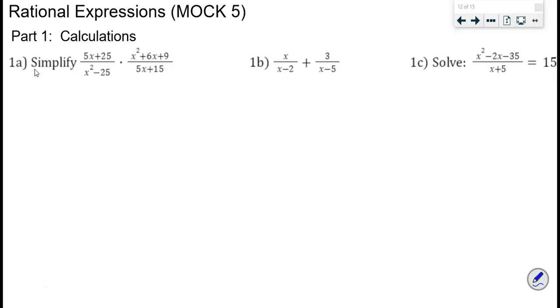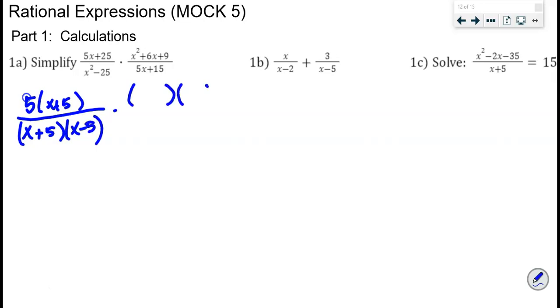So if you remember, when we're multiplying, we're just going to factor first. So we're going to do 5 times x plus 5 over x plus 5 and x minus 5, right? And that's times, again, we're going to factor this. What are the factors of 9 that add up to be 6? That would be x plus 3 and x plus 3.